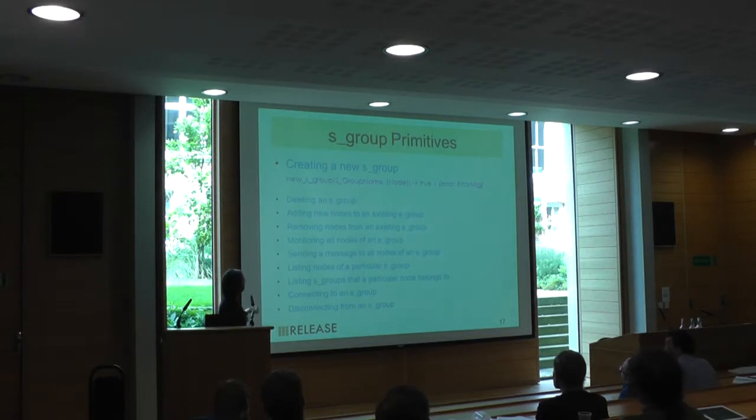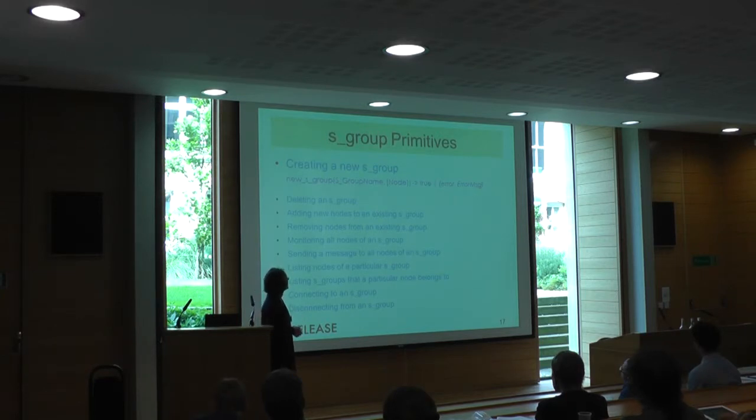So these are S group primitives. We can create an S group, we can delete it, we can add nodes, delete nodes, send messages to nodes, and so on. This is just a list, this is an initial list. We don't plan it to be as it is. We plan to implement the things that are going to be used, and we'll see that when we implement the language.